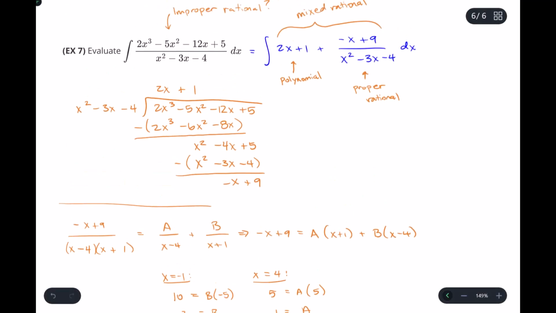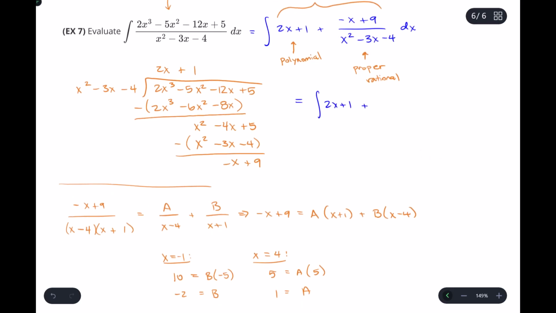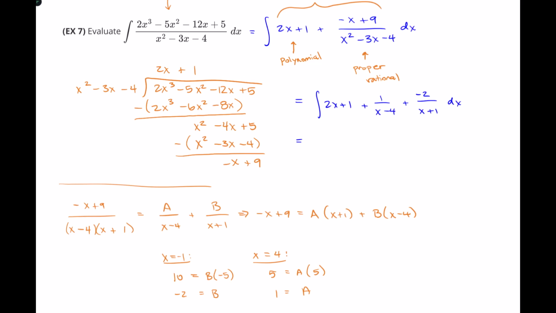So that means I can rewrite this integral as 2x plus 1 plus, so it's the form A over x minus 4, so 1 over x minus 4 plus B over x plus 1, so negative 2 over x plus 1 dx. And I can integrate. So as I said, these polynomial pieces will just integrate using the power rule. So 2 times x squared over 2 would make x squared. The integral of 1 is just x.